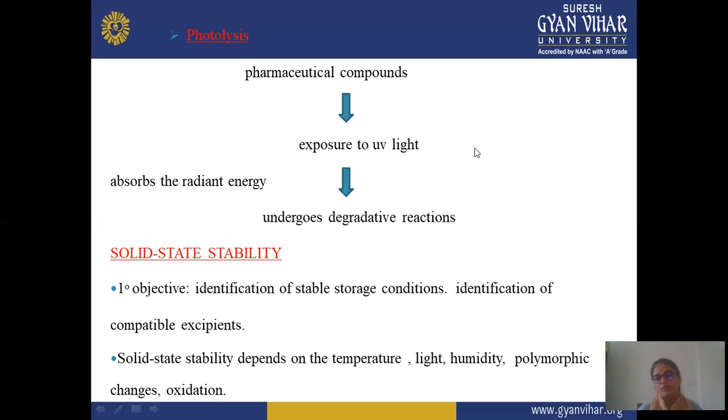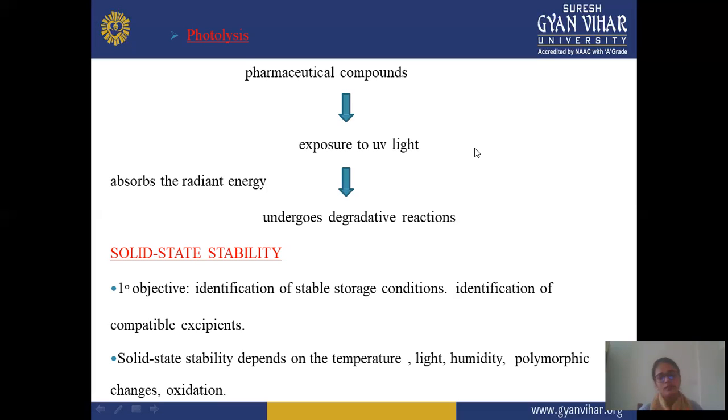Due to absorption of this sunlight or UV light, the formulation shows certain changes, and these changes are responsible for degradation of the product or changing the stability of the formulation. So in this condition, you should assure that your formulation is in a good storage condition, and it should be stored away from sunlight or direct light.